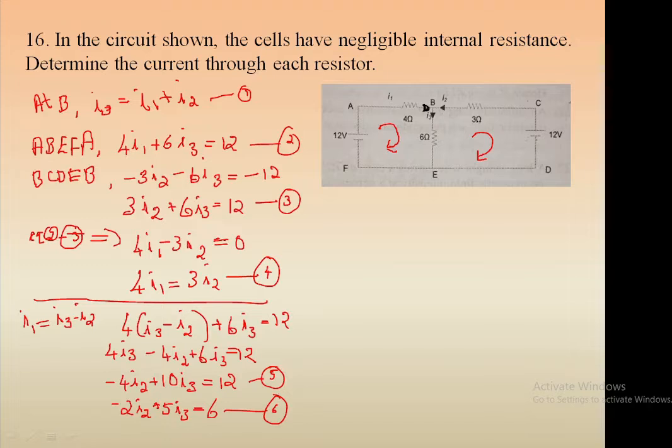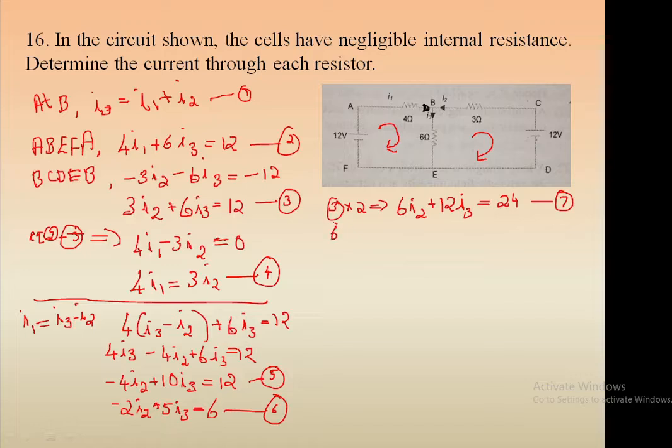Let us multiply equation number 3 by 2. So we get 6I2 plus 12I3 equals 24, that is equation number 7.